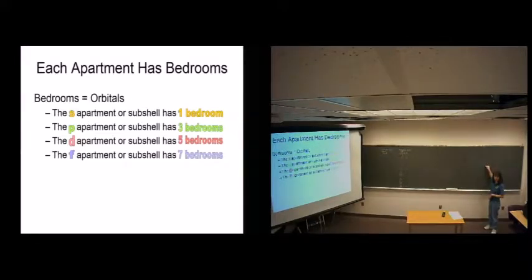On the door, instead of 2P, it's going to be apartment 21, which has 3 bedrooms. And D has 5 bedrooms, so instead of saying 3D, I'm going to say 32. And F has 7 bedrooms, and instead of being the 4F apartment, it's going to be the 43 apartment. Does that make sense?